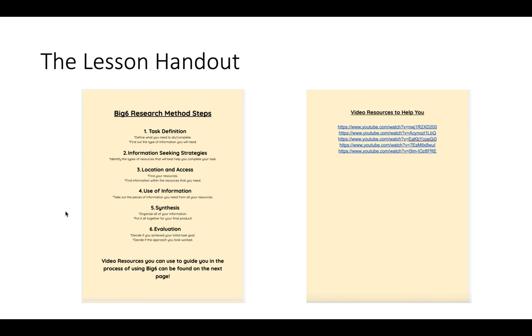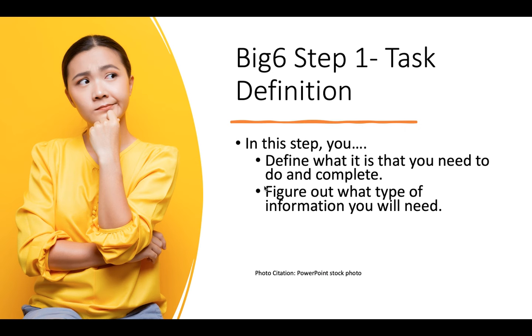I give you each task name and a little description. And on the right-hand side, which is the back of the worksheet, I linked some YouTube videos that can be really great resources for learning more about the Big 6 research process and that can help you even further in your exploration of this process.